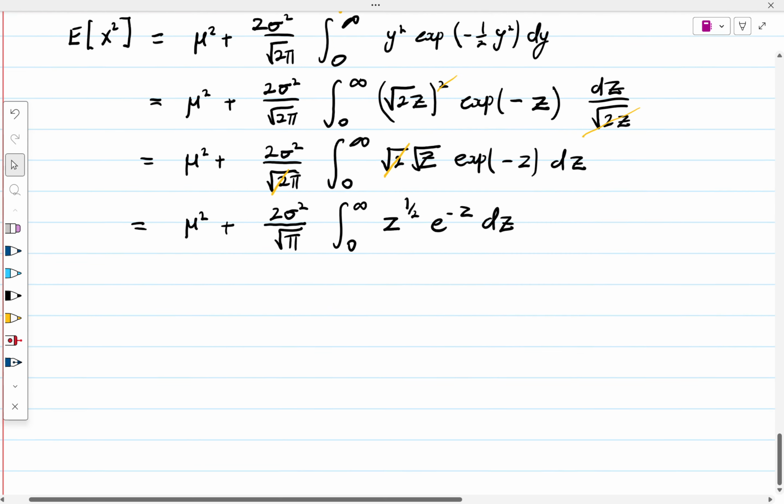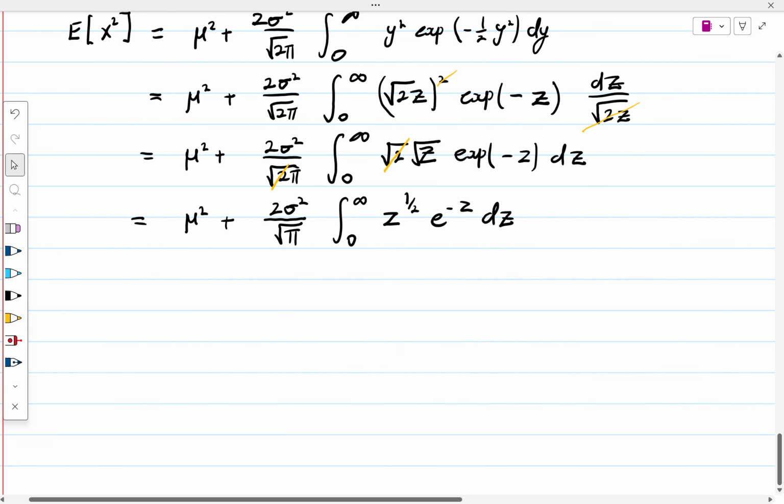Now, from here, we actually might need to recognize a very important function. And it is here where I will introduce to you the gamma function, or hopefully a function that we have come across before in your studies.